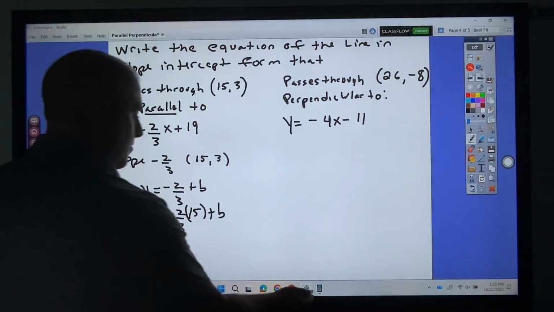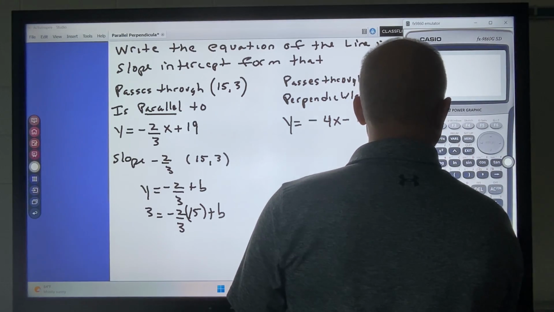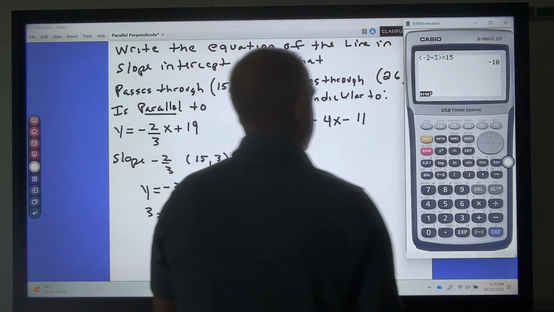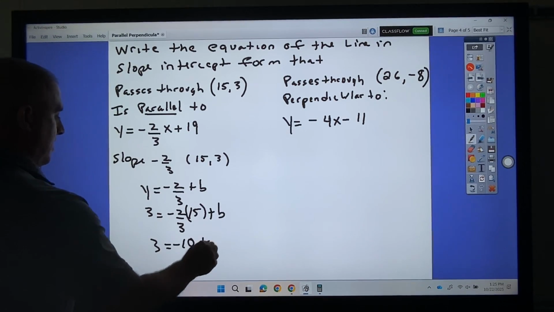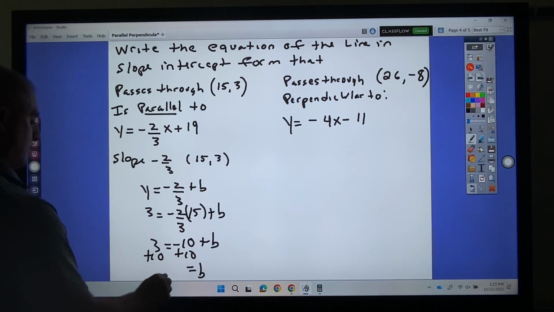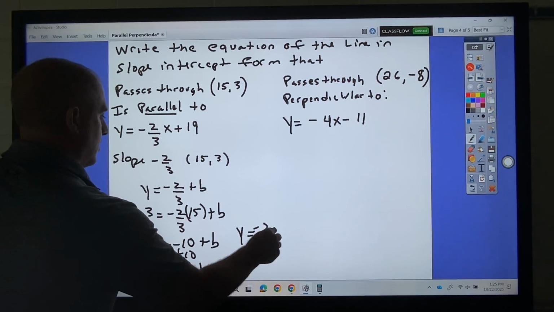Now, you may need to multiply that in your calculator. Put parentheses around your fraction times 15. That's -10. So -10 plus b, and add 10 to both sides. That's b equals 13. So y equals -2/3 x plus 13.